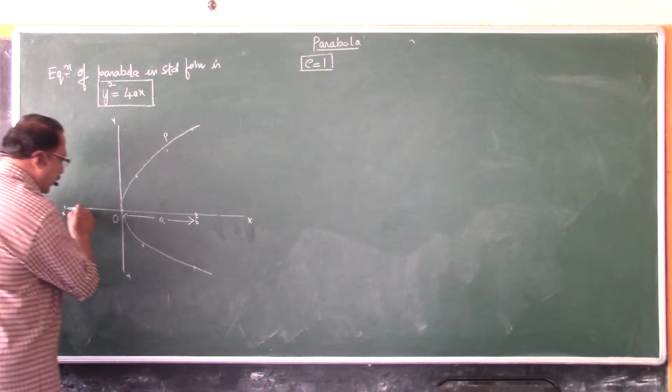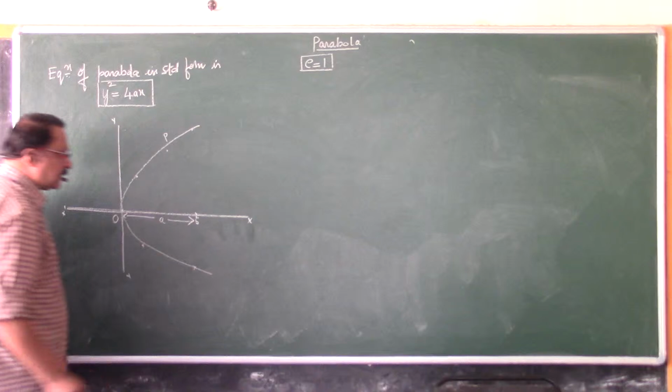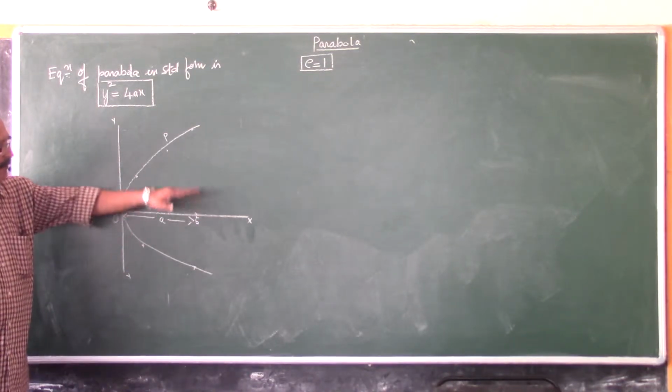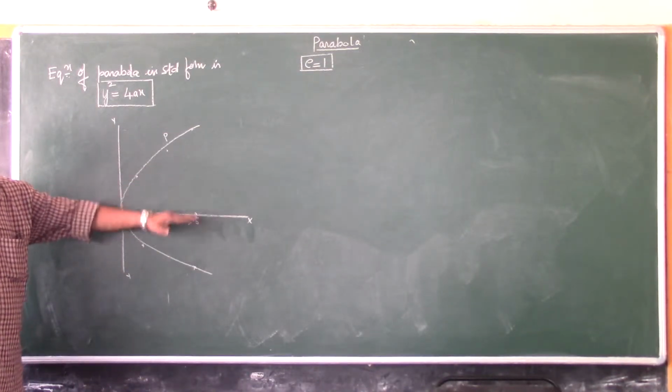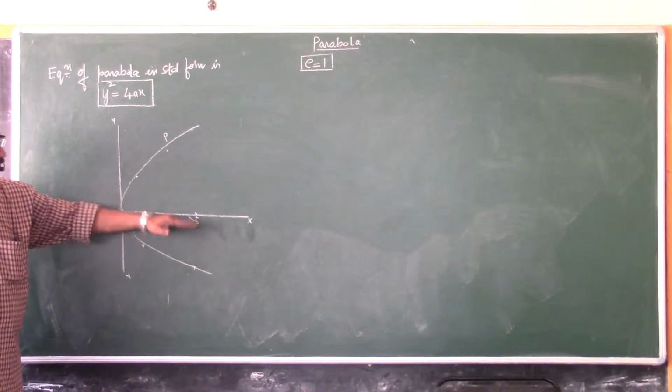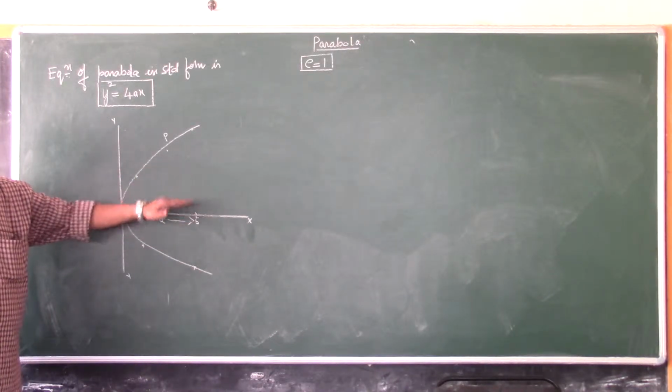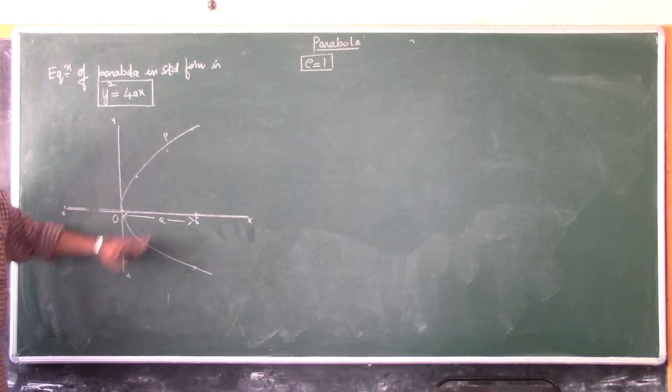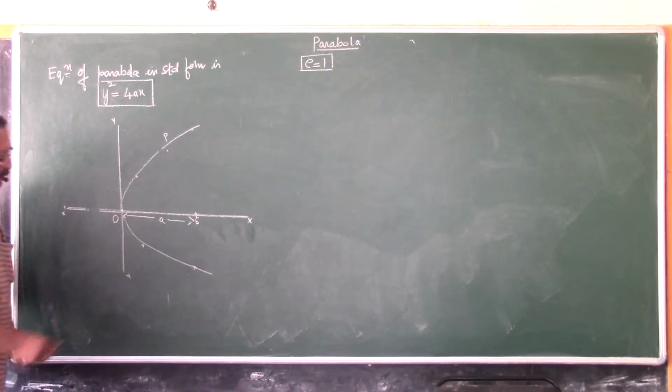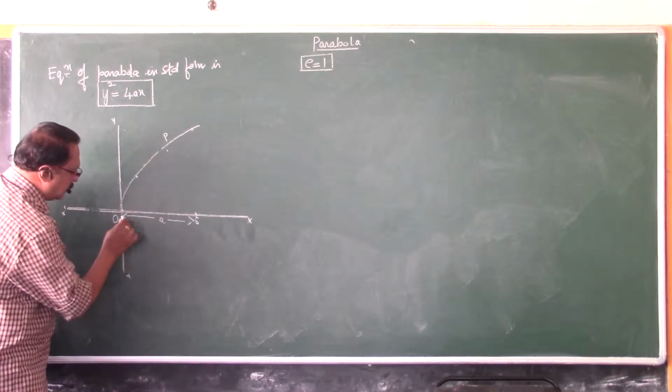Now if you look at the x-axis, it is dividing the parabola into two equal parts. Can you see that? This is one equal part, this is the other part.